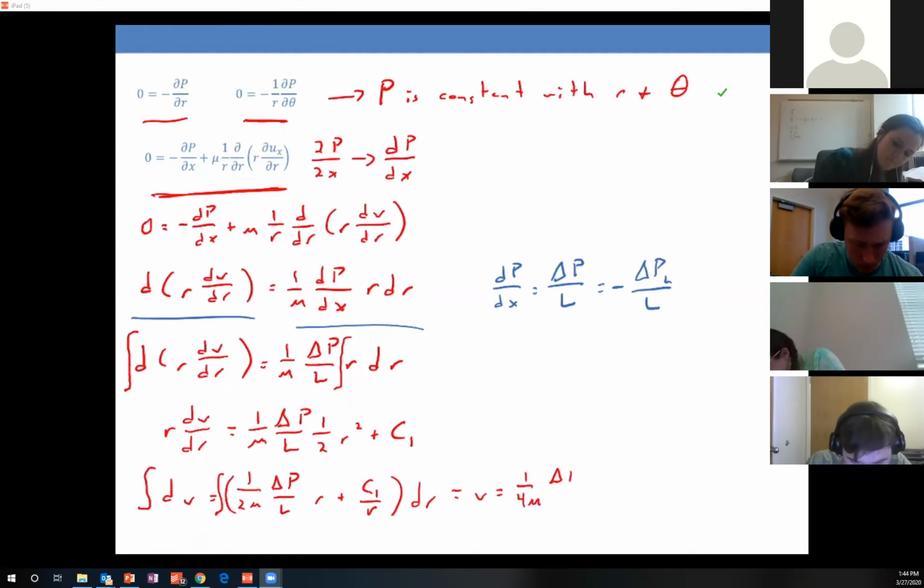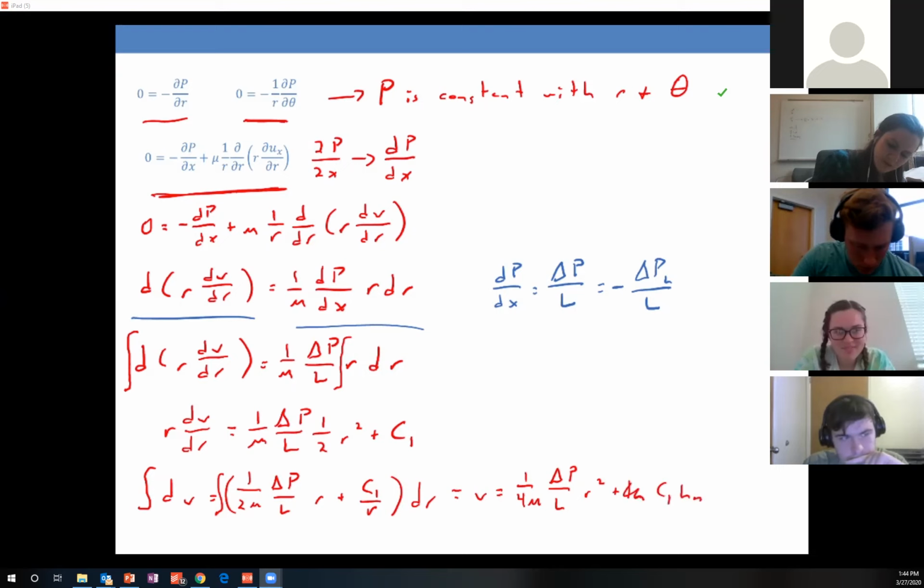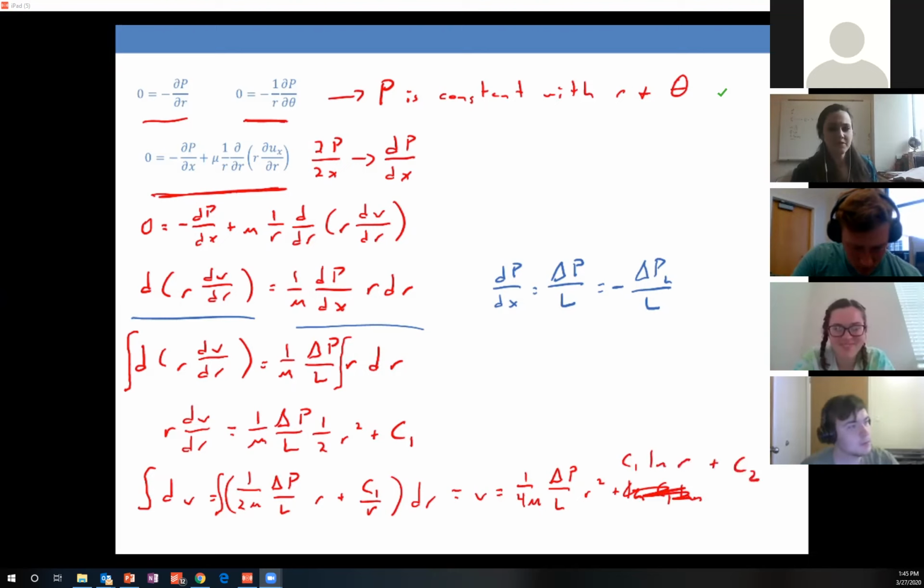Times change in p over L r squared plus c1 log r. It's actually c1 log r. Okay, yeah, that makes sense. And then plus C2. Great. That is beautiful. We're almost there. Now we just need to figure out what C1 and C2 are, and we'll be golden.